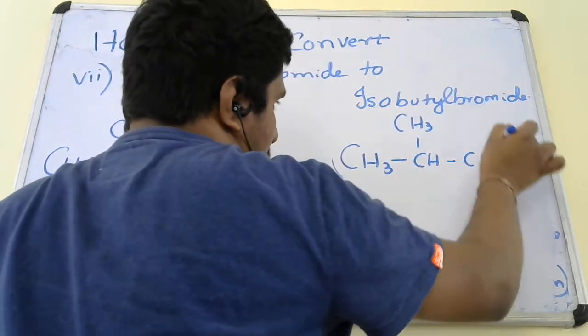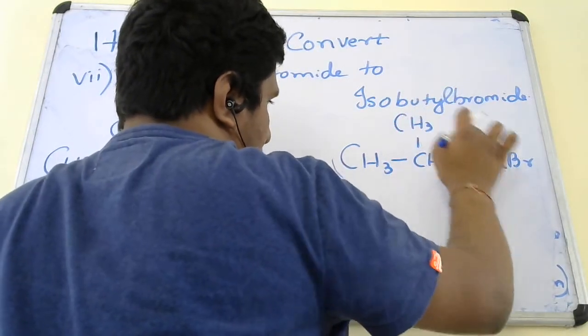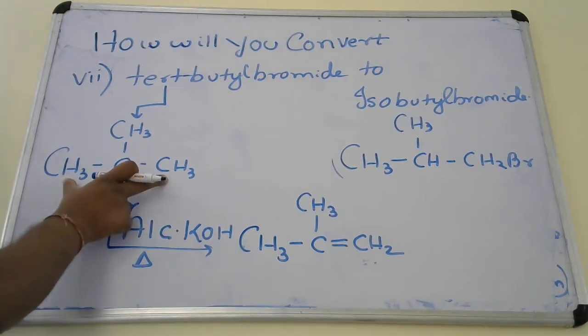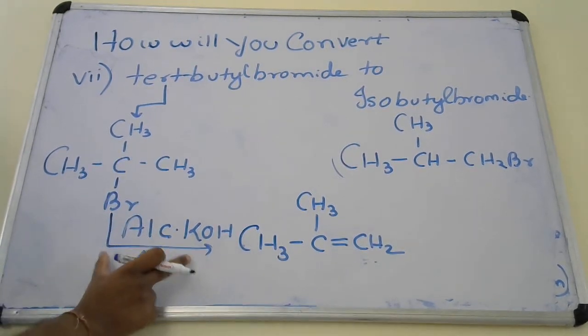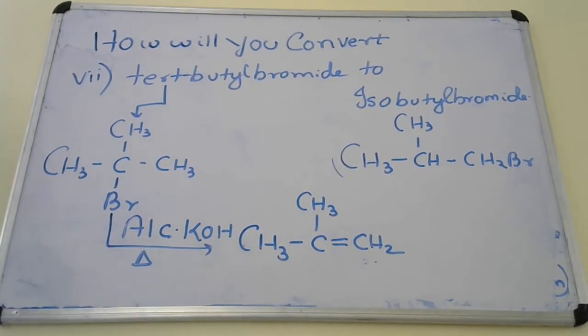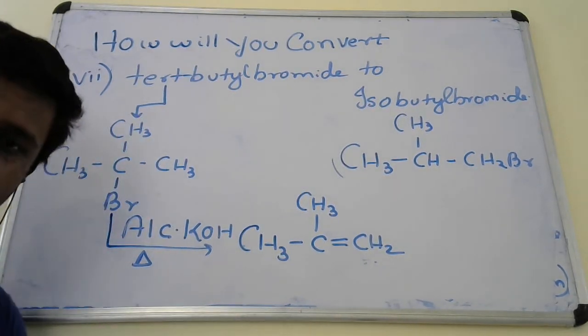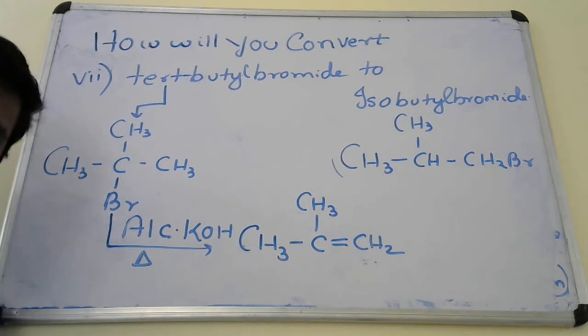This group is your isobutyl group. So tert-butyl bromide in presence of alcoholic KOH, heat: the halogen will be removed, one of the beta hydrogens will be removed, and a double bond is introduced.